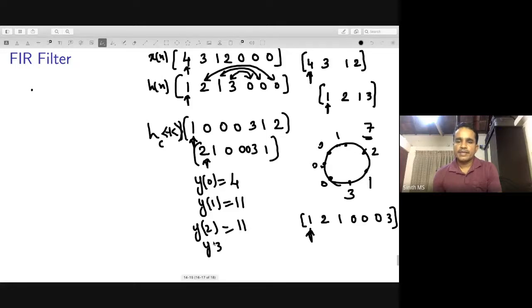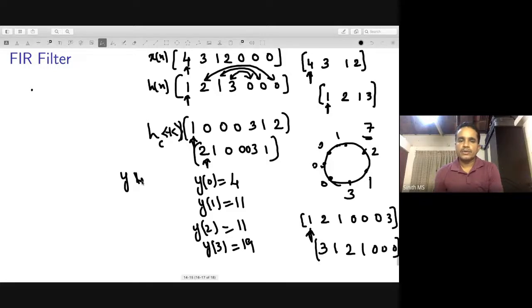What about y of 3? Again you do a circular shift. 2 1 and triple 0. You multiply it. 4 into 3 is 12, plus 3 is 15, plus 2 is 17, plus 2 is 19. So this is 19. What about y of 4?